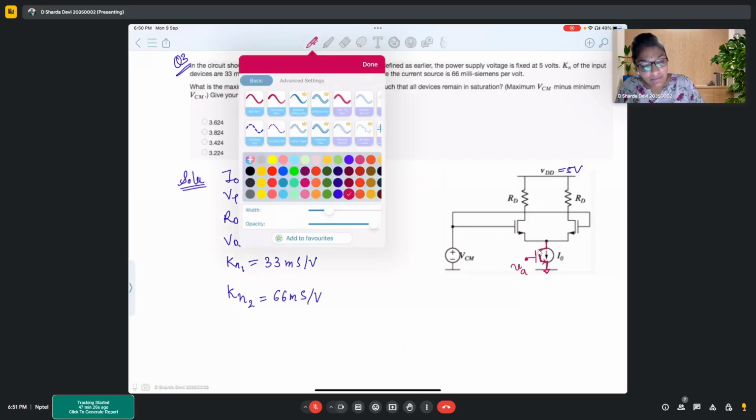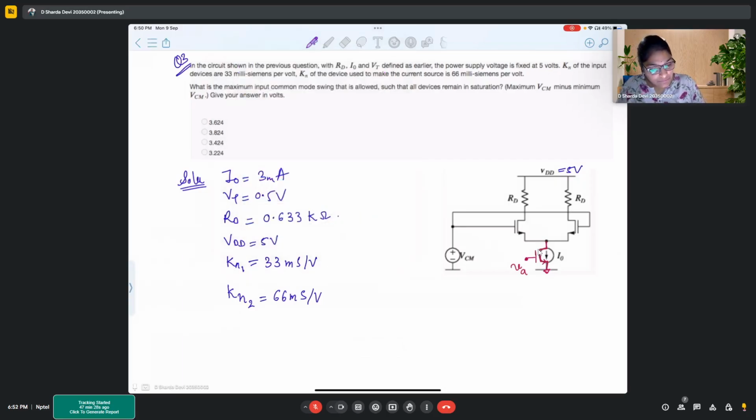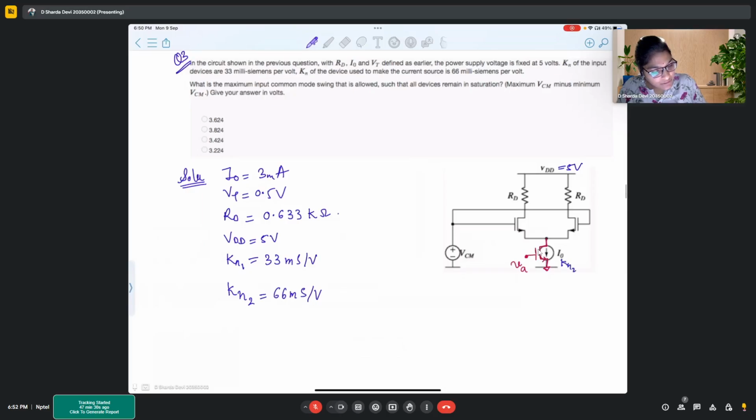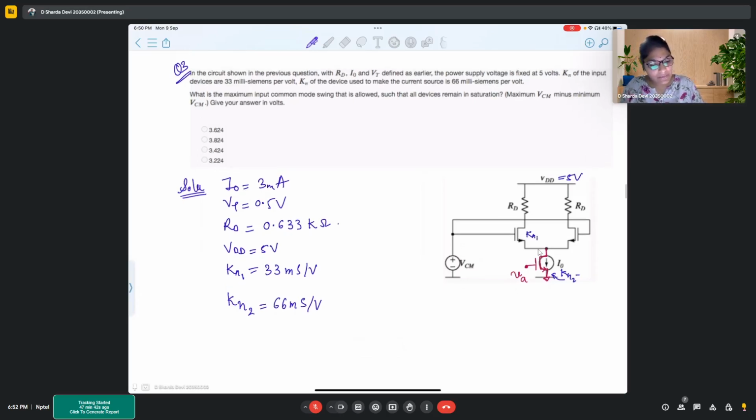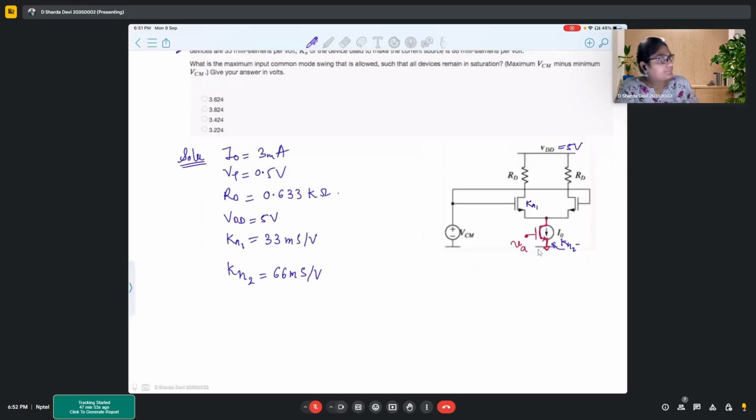Okay. So KN2 corresponds to this transistor, whereas KN1 corresponds to these two transistors. Now the idea is, let's name them transistor T1, T2.